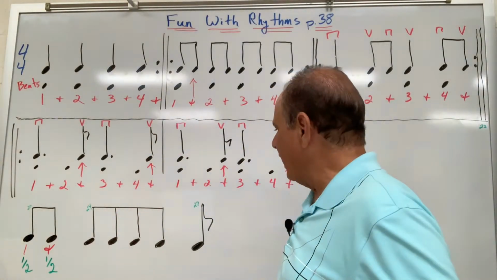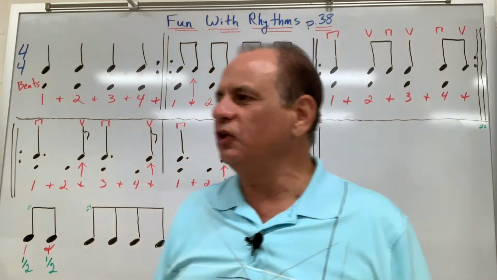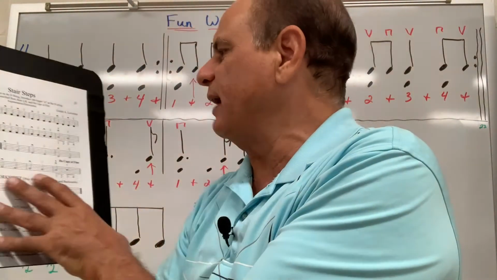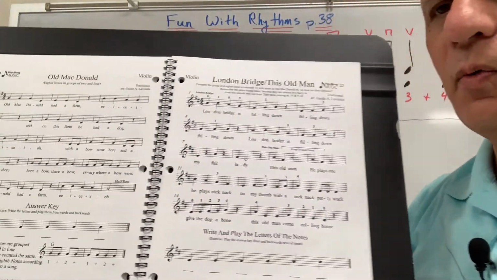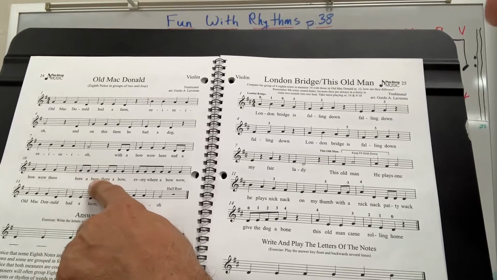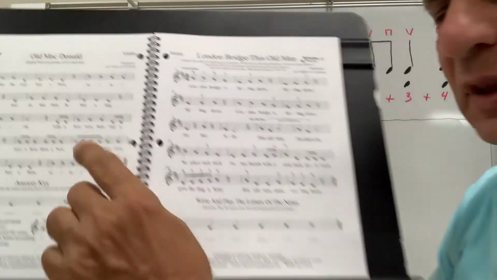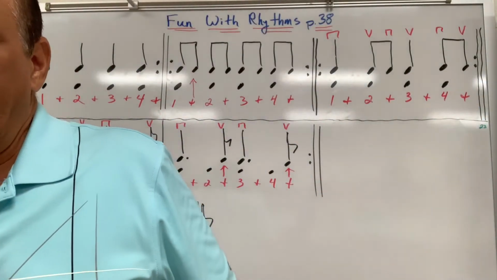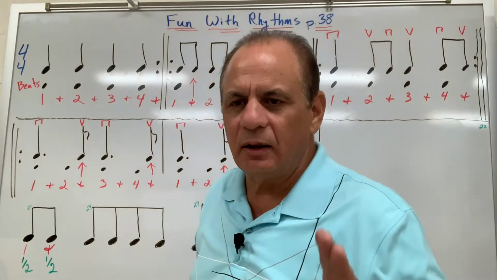Then we learned how to count eighth notes in groups of 4. We learned that in the song Old MacDonald, and you'll see here we have here a bow, there a bow, everywhere a. So each of the eighth notes gets either a number or the syllable and.